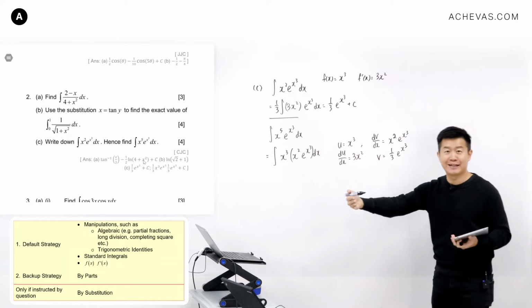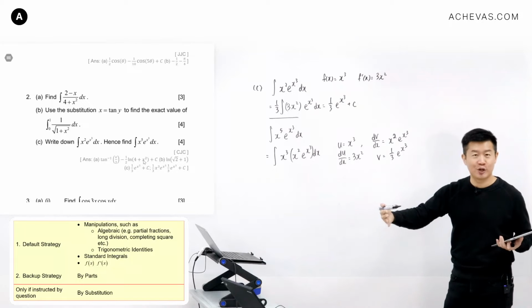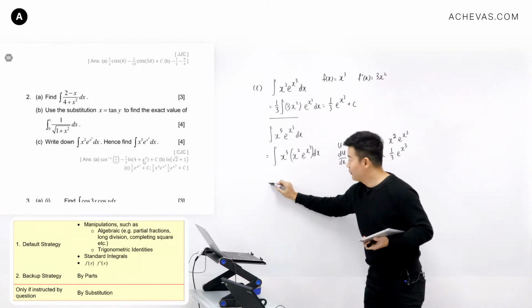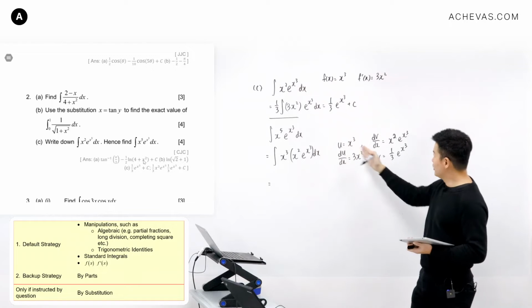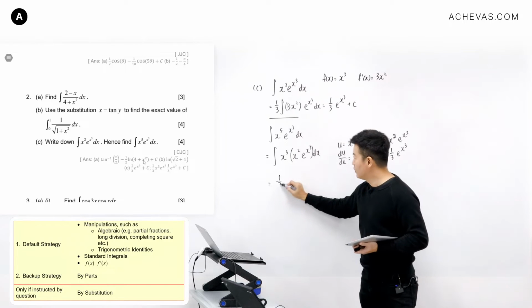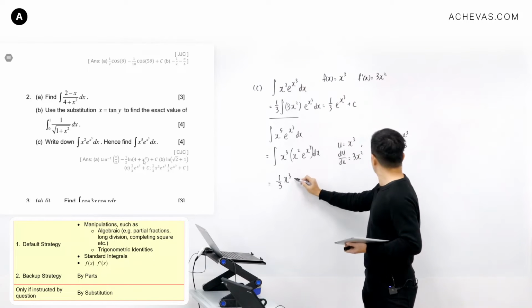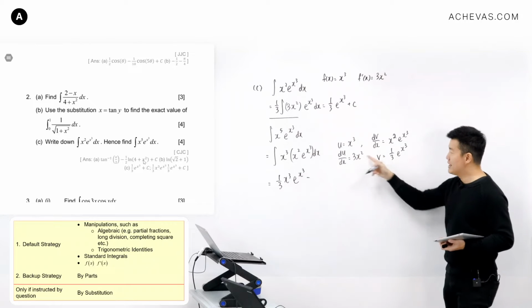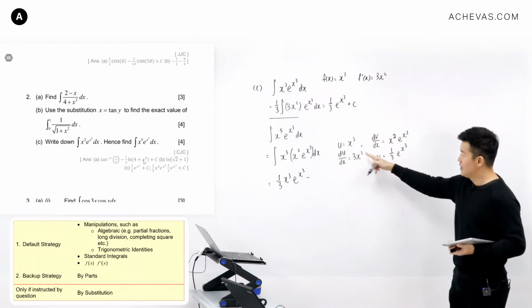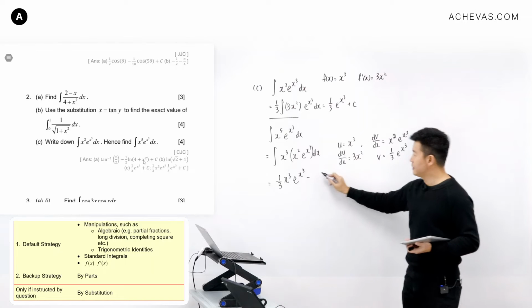Integration by parts is adding a comma to our statement, not a full stop. So adding this comma, we are going to expect ourselves to integrate some more. It is going to be uv, so we have 1/3 x to the power of 3 e to the power of x cubed minus the integral of v du/dx. So this times this, 3 and 1/3 can be cancelled.